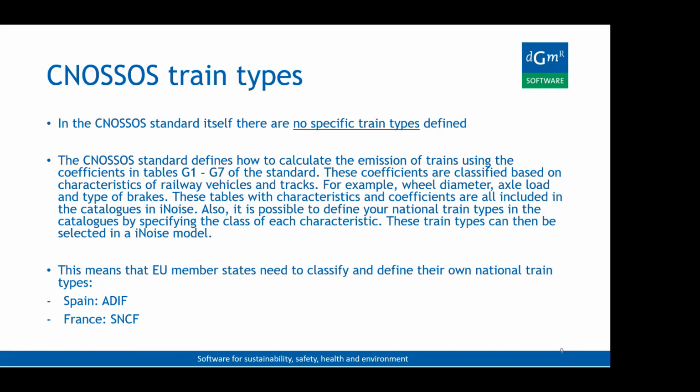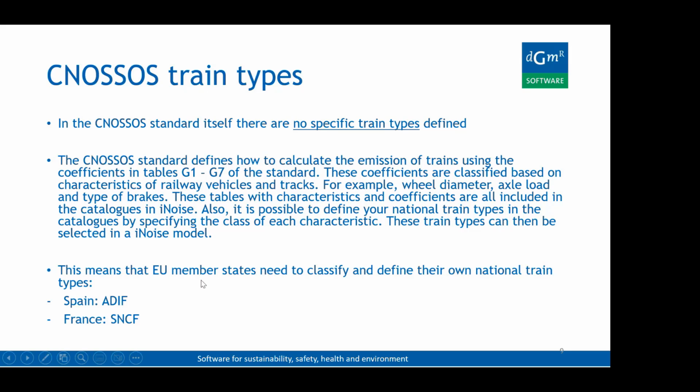If you know that your type of train has that wheel diameter, that axle load, that type of brakes, then you can use the tables in the CNOSSOS method to calculate the sound power level. And then you can define your own train type. But the train types themselves are not in the CNOSSOS standard. So that's why we have implemented a default train type catalog in iNoise with those RMR train types.